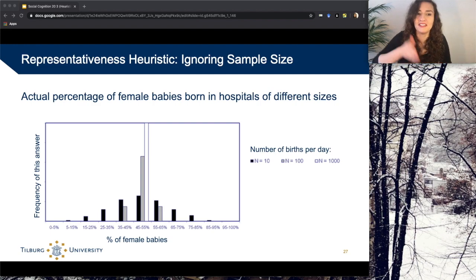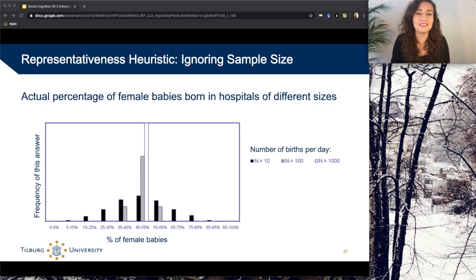In these huge hospitals, a significant deviation from the actual underlying probability of female babies being born, which is somewhere around 50%, is just far more unlikely.